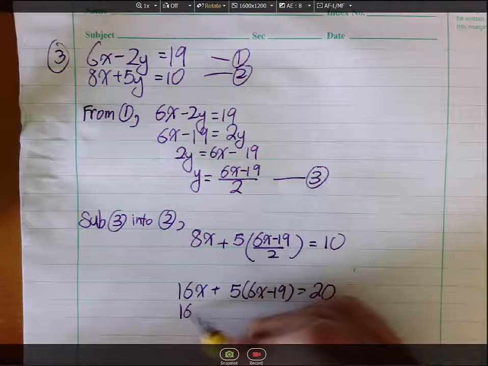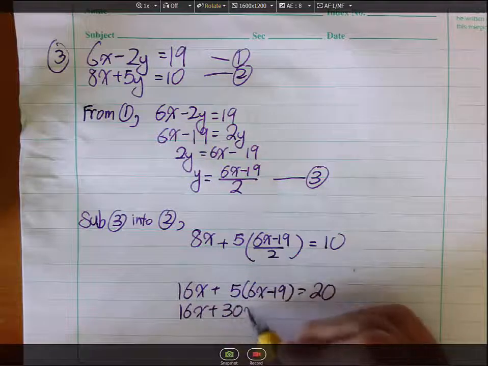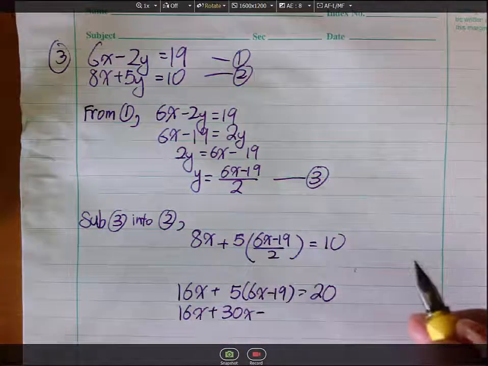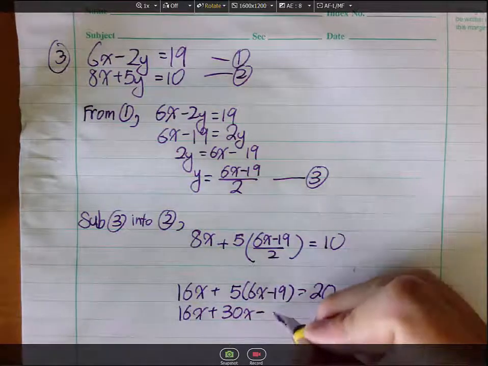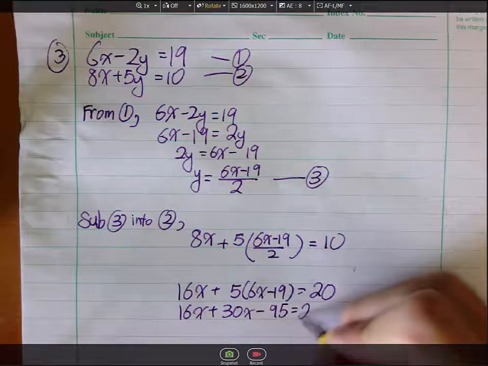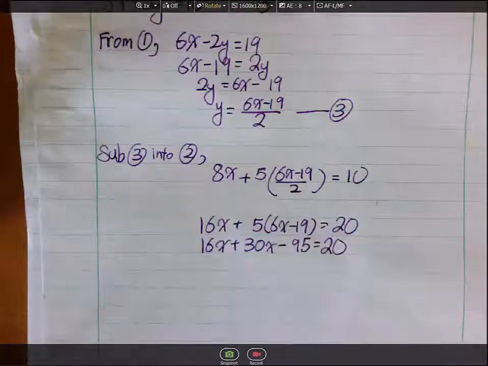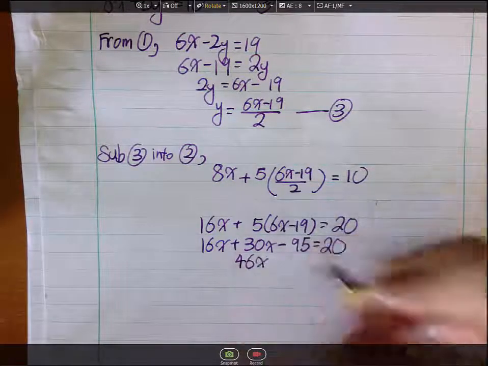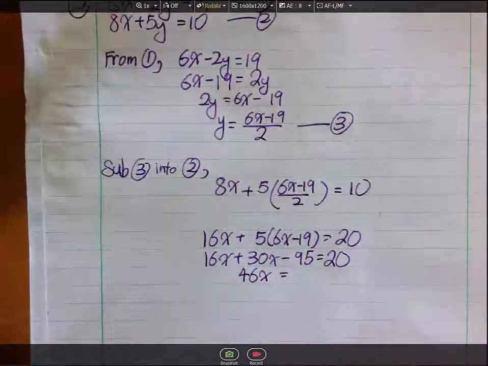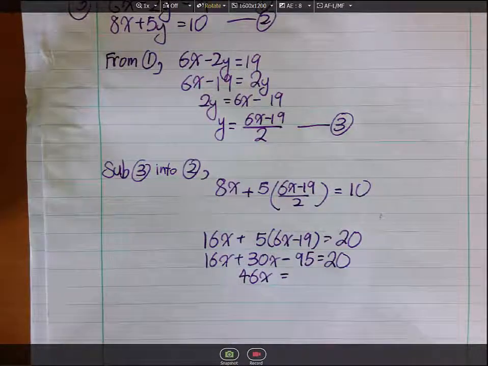So what I get is 16x plus 30x minus 19 times 5 is 95, equals to 20. So what we get is 46x is equals to 115.